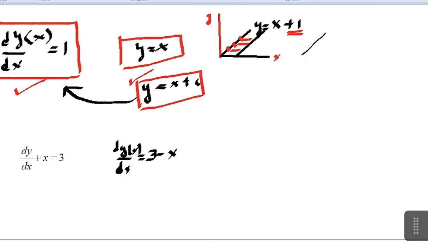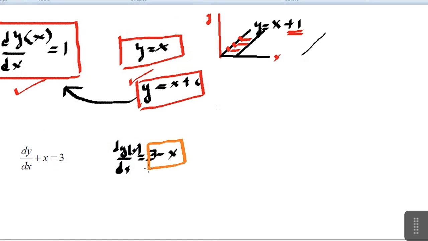So the function y as a function of x has a slope. When we do dy by dx, it is nothing but slope. The slope is changing with x. Quite interesting.